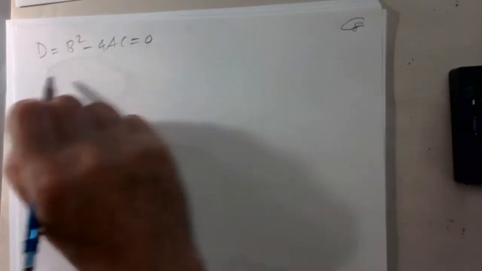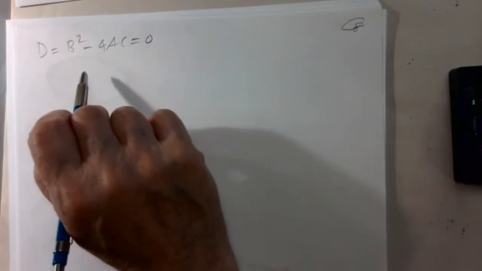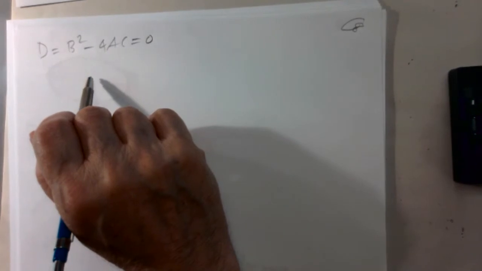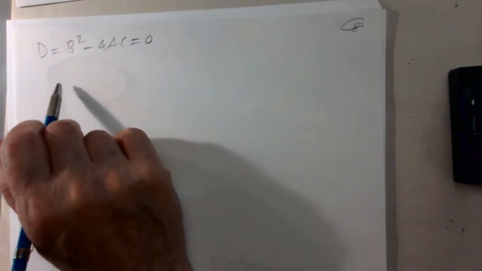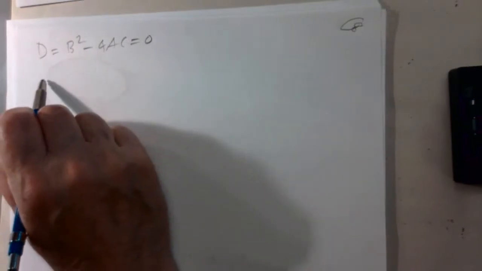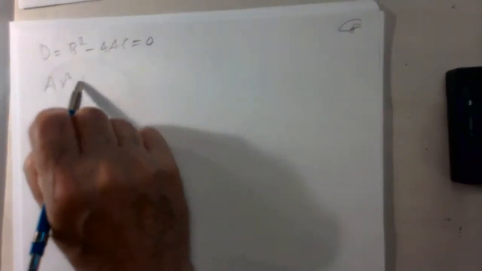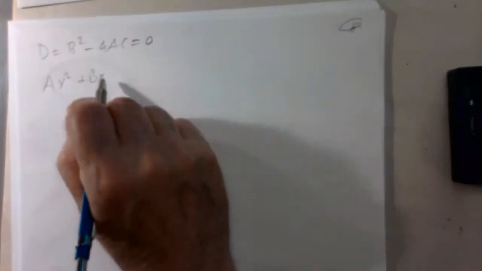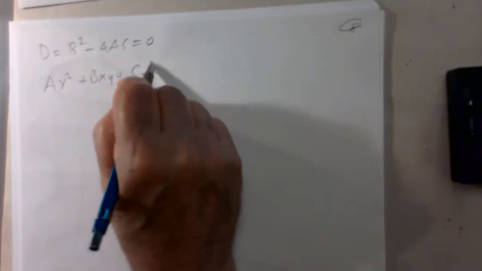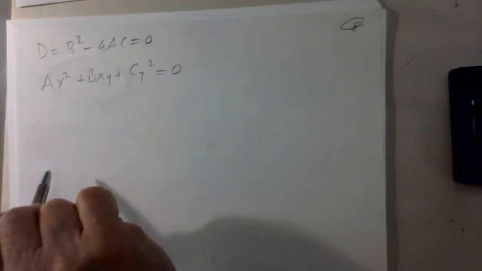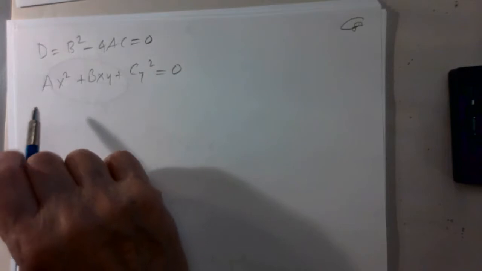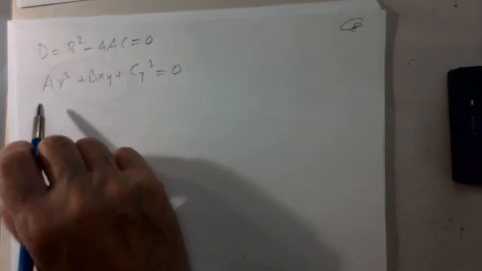That means that b squared equals 4ac. So if we're looking at the equation ax squared plus bxy plus cy squared equals 0, when we complete the square, let's see, what did we get?